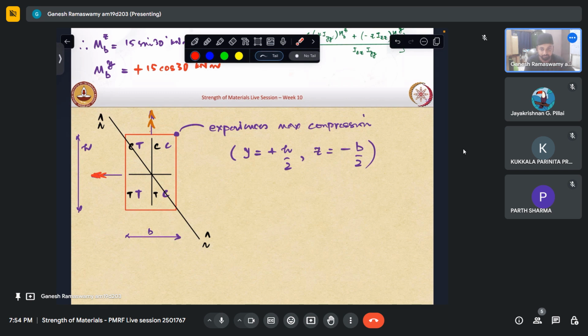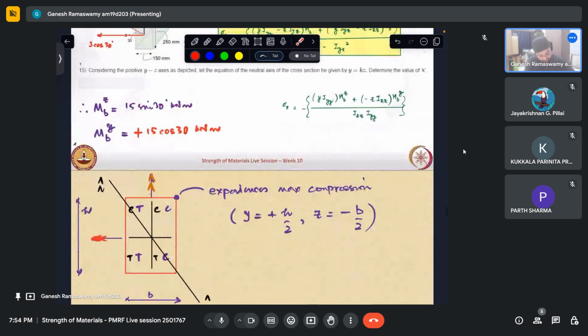So once we have this expression, it is just a matter of plugging in y equal to h by 2 and z equal to minus b by 2, and we will be getting the value of the maximum compressive and tensile stress experienced by the beam.